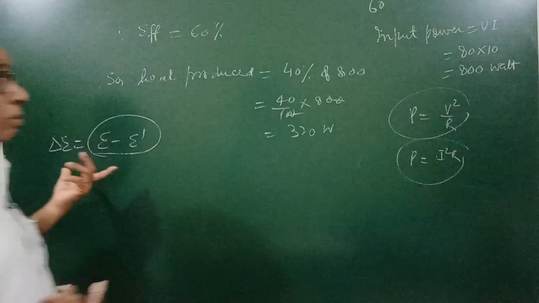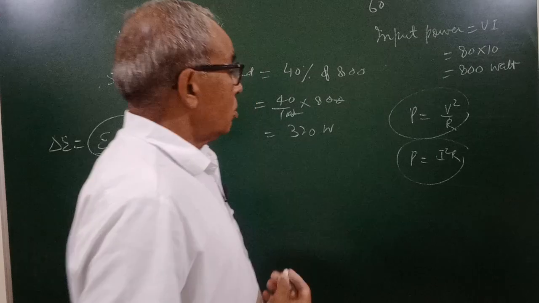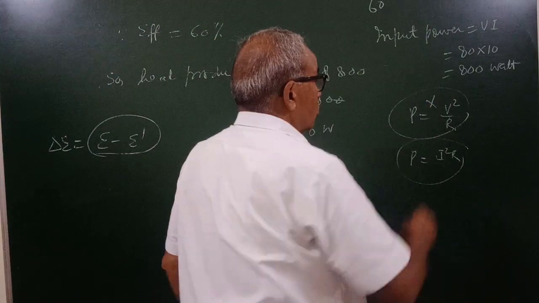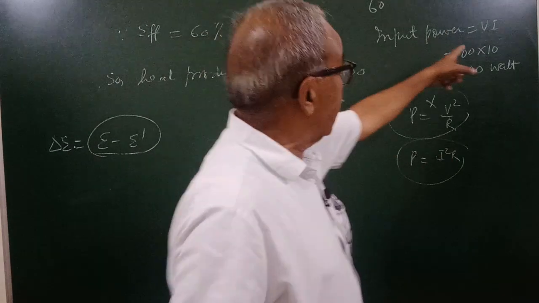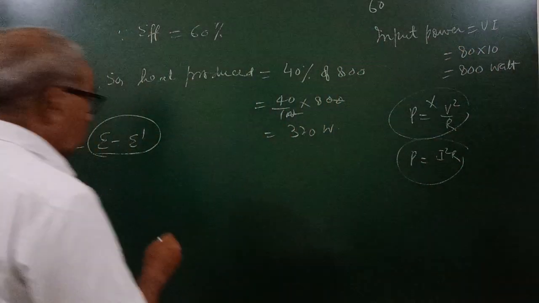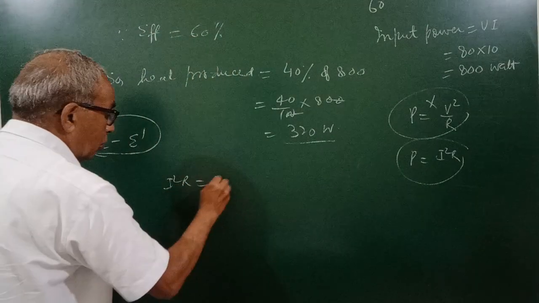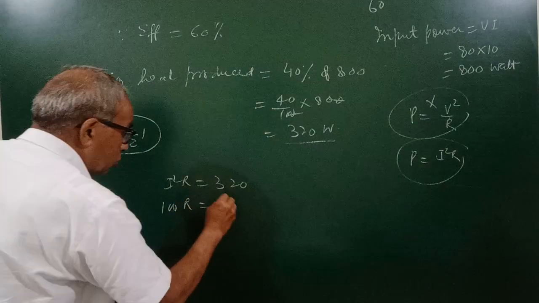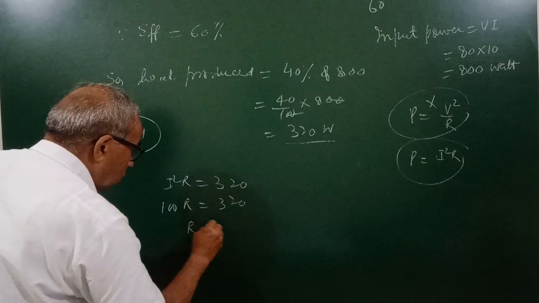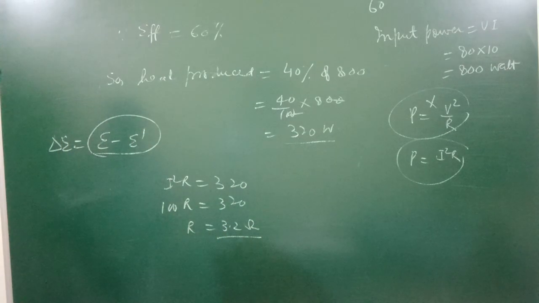We don't know the net EMF, so we can't apply that formula because the voltage at full speed is not known. But at full speed we know the current is 10 ampere and the heat loss is 320. So I square R equals 320. I is 10 ampere, 100 into R equals 320. So R equals 3.2 ohm.